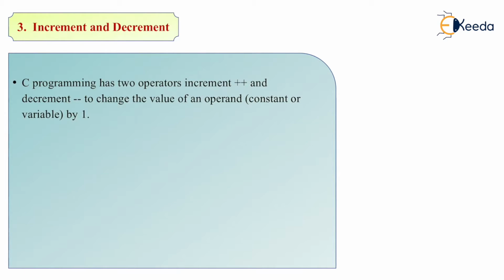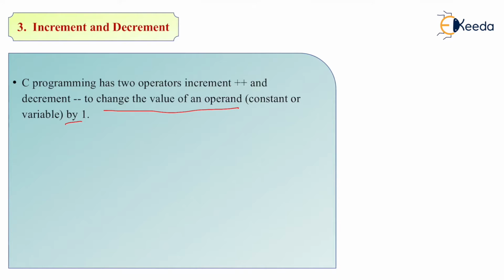Next is the increment and decrement operator. In C programming, the increment and decrement operator is used to change the value of an operand by 1. Very important. If you want to change any variable value by 1, that means if you want to increment your value by 1 or decrement a value by 1, then you can use the operator plus plus or minus minus.